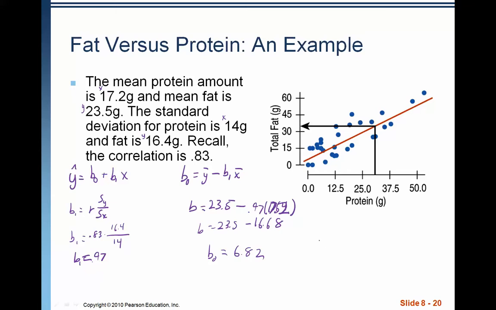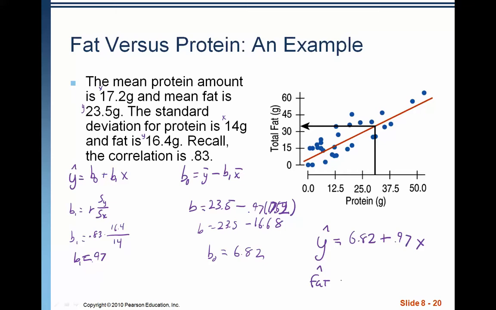Therefore, the equation for this is y hat equals 6.82 plus 0.97x. And sometimes, instead of writing it in terms of y and x, it is beneficial for us to write it in terms of the variables.